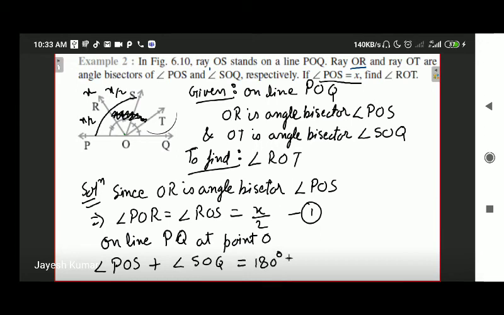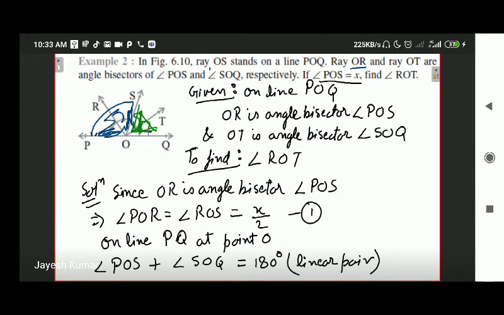Sum of both these angles is equal to 180 degree. Why? Linear pair. Okay, let me show you in the figure. What I am saying is angle POS, this angle, and angle SOQ, this angle. Sum of both the angles is going to be 180 degree.